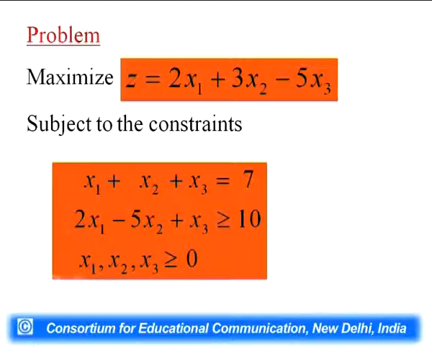In this equation, we see that there are three variables. There are two constraints also attached to this objective function. The first constraint is x1 plus x2 plus x3 equal to 7, and the second constraint is 2x1 minus 5x2 plus x3 greater than or equal to 10.